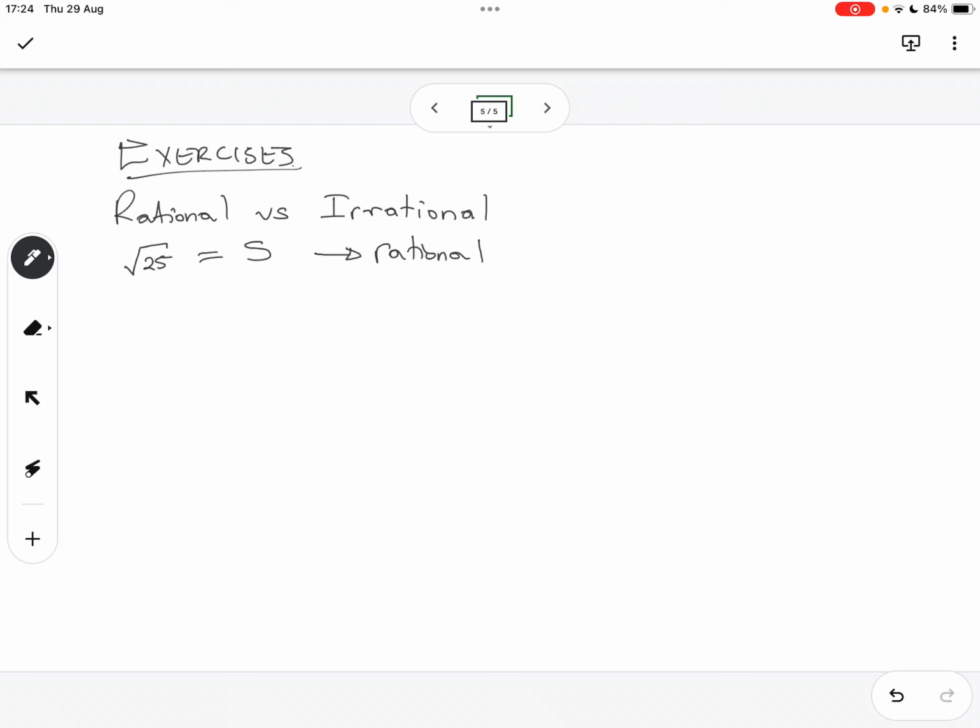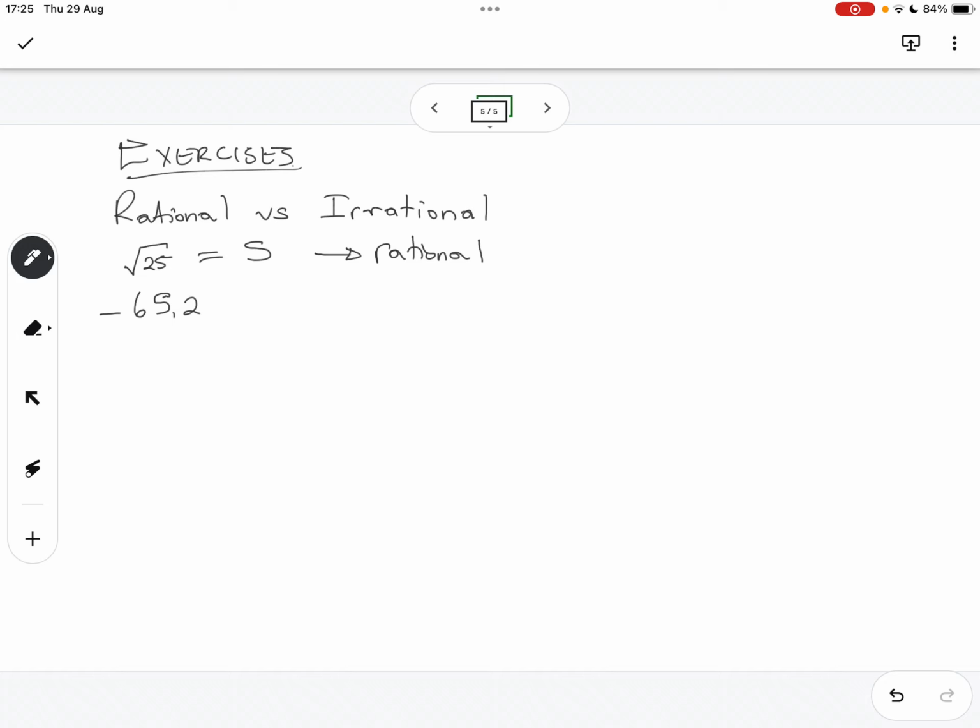Okay, then the next number would be negative 65.2. What do you think about that? Is it rational or is it irrational? You can also refer to what rational number means, ne? Where is it? There.